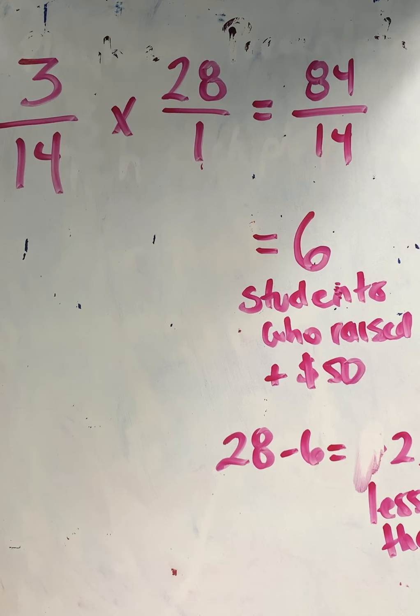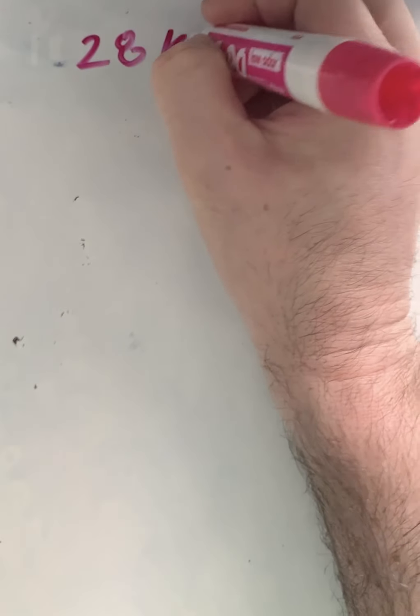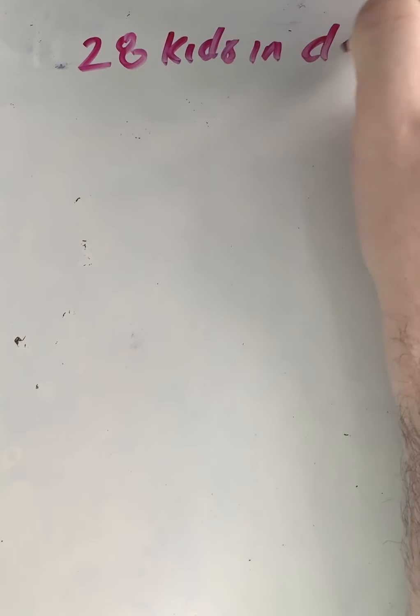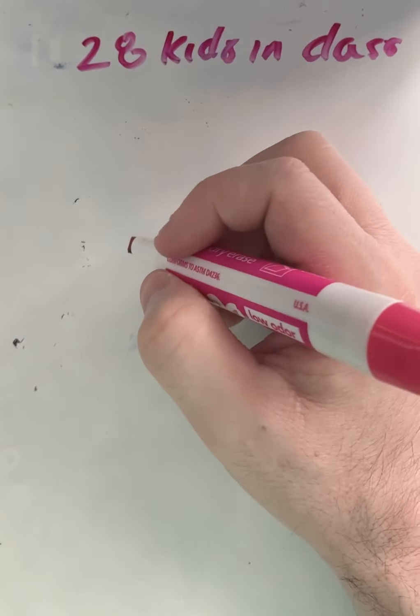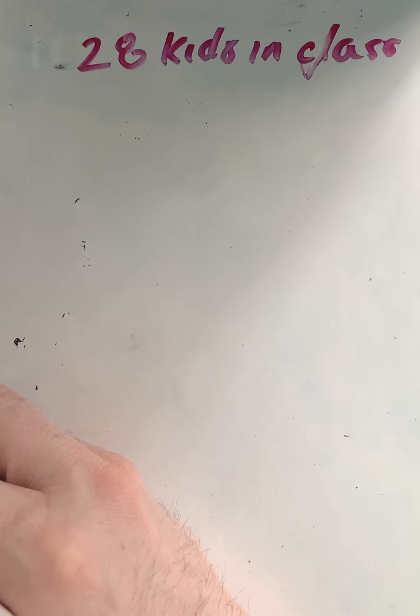And this is a really, really good thinking question because it really does do a good job of challenging your reasoning skills. So, if I can say to myself, there are 28 kids in the class. I'm looking to find out what the minimum amount that they could have raised was.